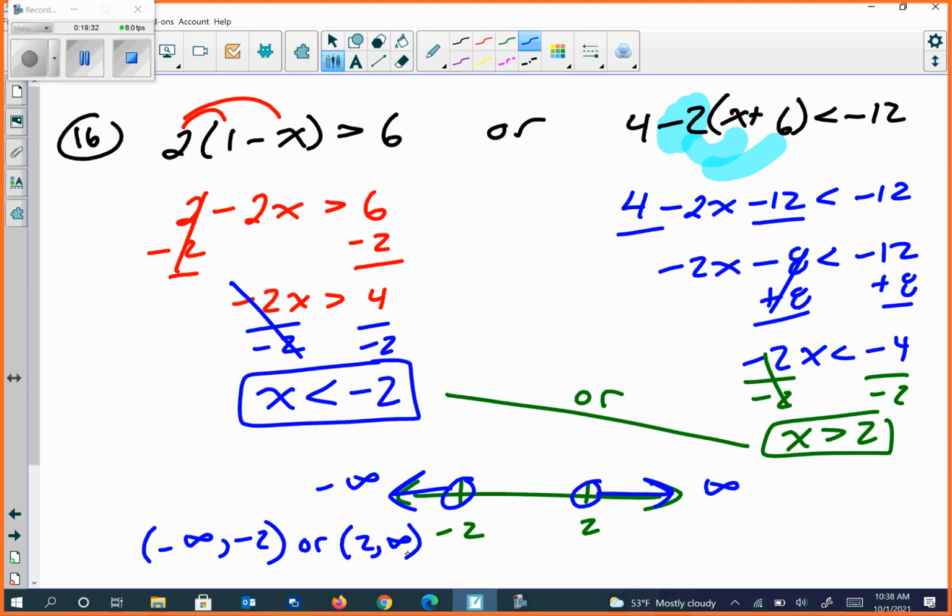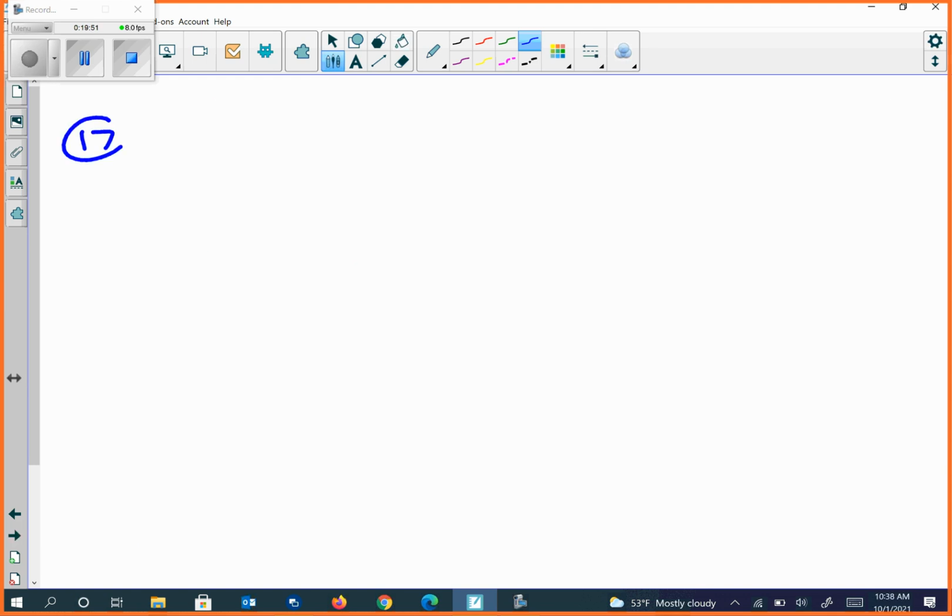Then we get to number 17. Number 17 is what kind of problem? And. The word or is not there, so it has to be and.